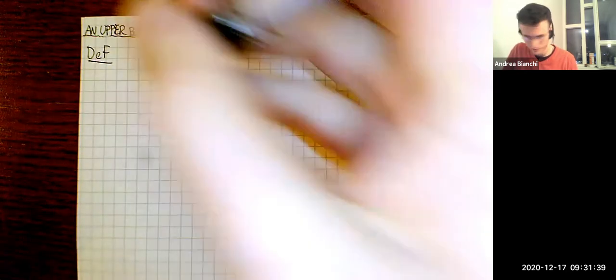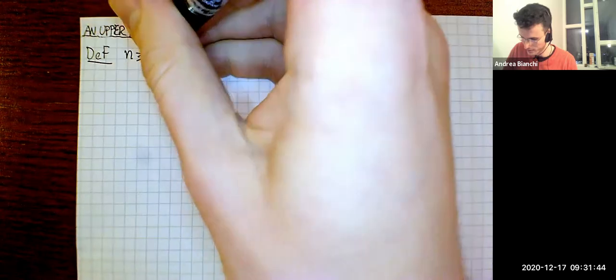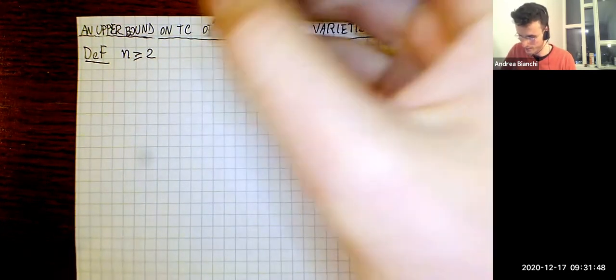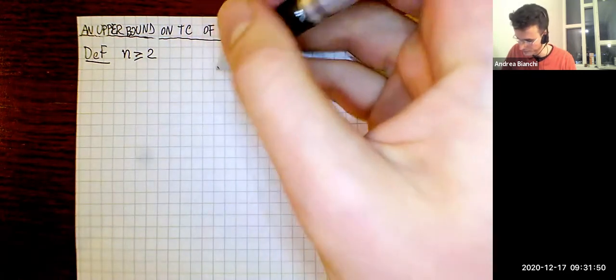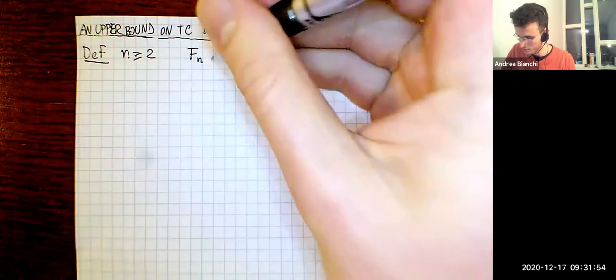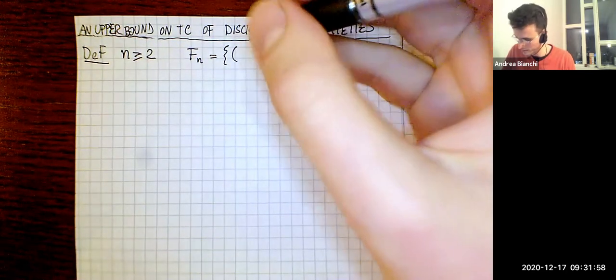Let me remind you what configuration spaces are. In the entire talk, n will denote an integer, at least 2, and I will consider the space Fn, which is known as the ordered configuration space of n points in the plane.